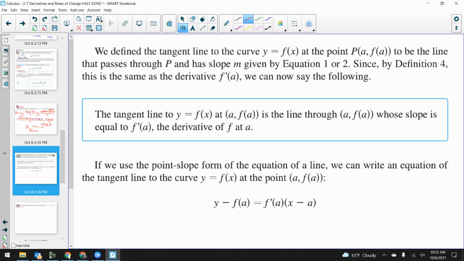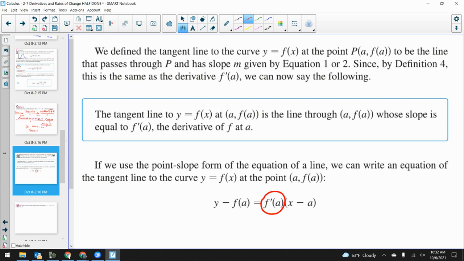All right, so again, the derivative at point a is the slope at that value. So if I tell you what point to plug in, maybe x equals 1, or x equals 5, or x equals 10, doesn't matter, you can evaluate what the slope would be. It's f prime of a. So we have this equation where m is f prime of a. Isn't that just point slope form? y minus y1 is equal to m times x minus x1.